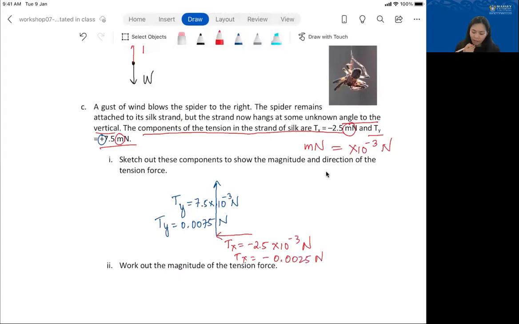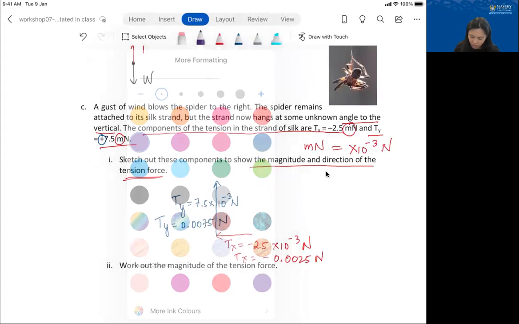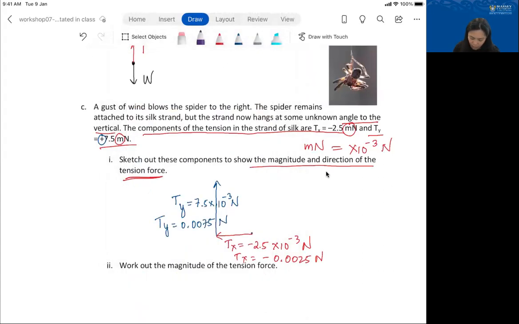Yeah, right. So these are the x and y components, and to show the magnitude and direction of the net tension force, your net force now will go from the tail of the first to the head of the last.